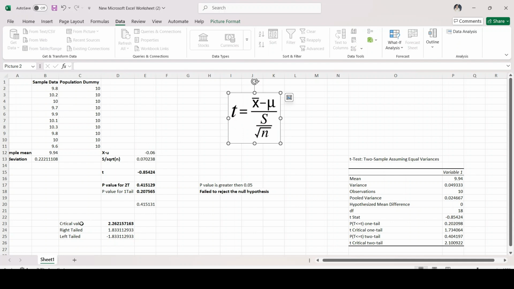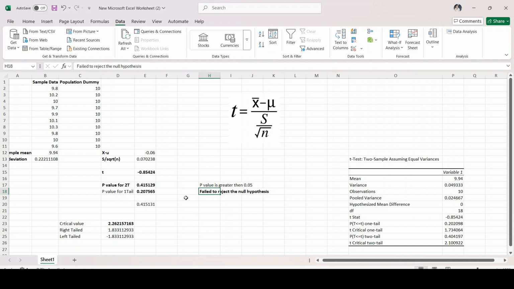And similarly we can also find the critical value by the t inverse formula, for a one tail or two tail test, and then we can decide. So from both of the methods, p value and critical values, we can say that we fail to reject the null hypothesis, right.